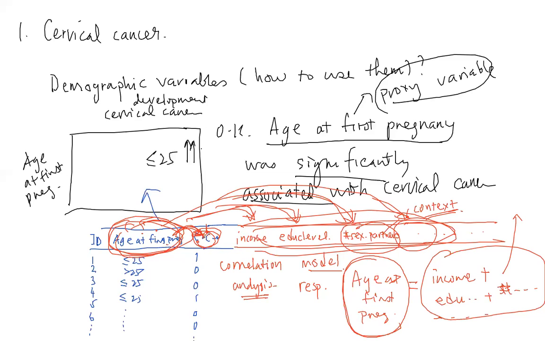Okay, this virus, once it's in the genital area, it can actually insert its DNA into the DNA of the woman, and over time it can cause mutations in the cells at the cervical region, and therefore it causes subsequent development of cervical cancer. And as a woman has more and more sexual partners, right, the chances of this woman getting infected by the human papilloma virus is actually very high.